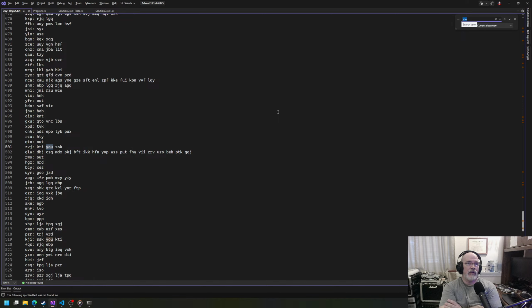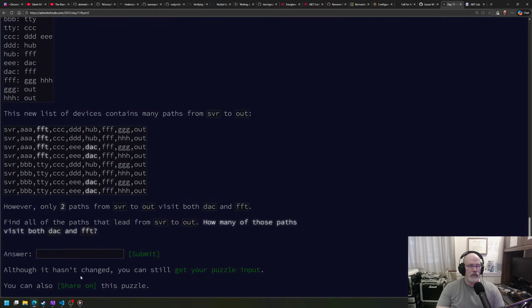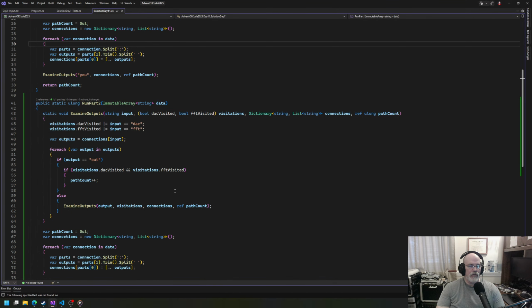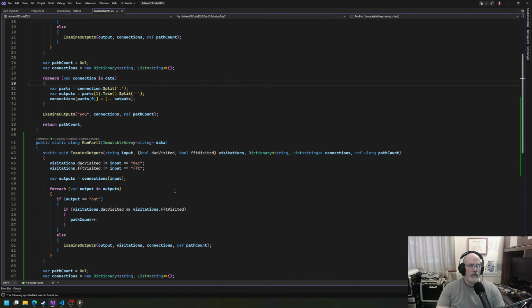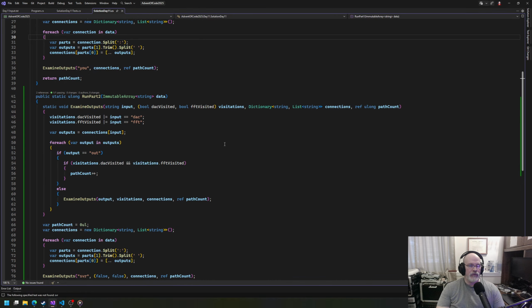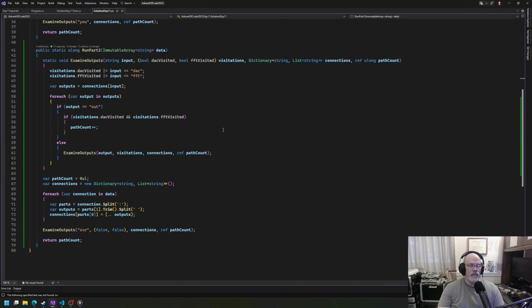Once I get to out, then I print console write line to show what I'm doing. Yeah, I don't know what is up with this. Because we are going server to out. Yeah, and in both cases we're just checking to see, did you hit out? Where you started is determined by what you're inputting as. So I'm kind of curious.